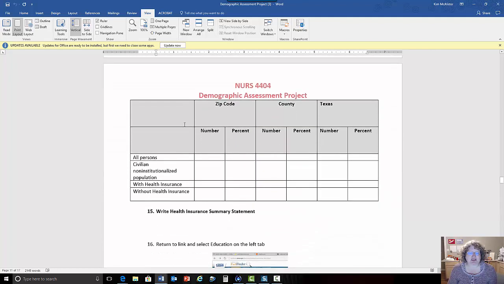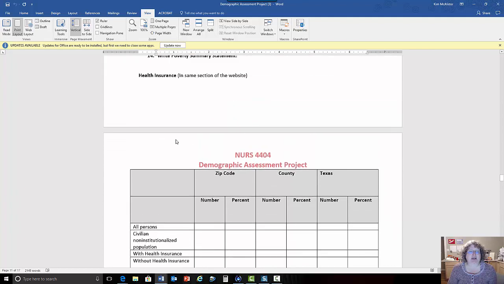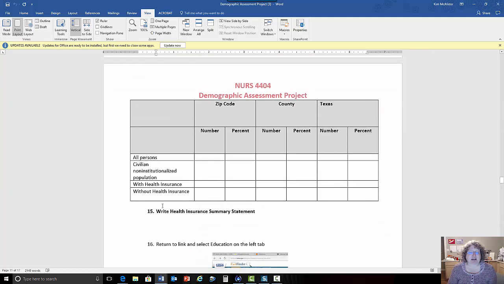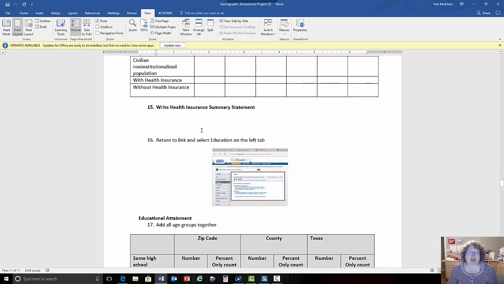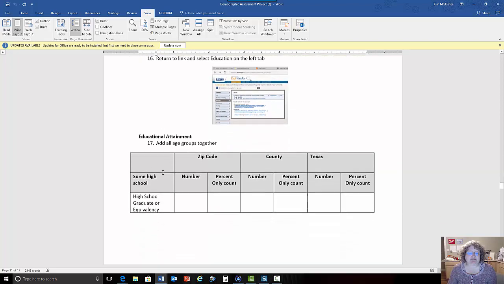Next, we have health insurance. We're looking at people who have health insurance, people without health insurance, and we divide this out into everyone versus people who are civilian, non-institutionalized population. We want to get a look at that. Then write your health insurance summary statement.